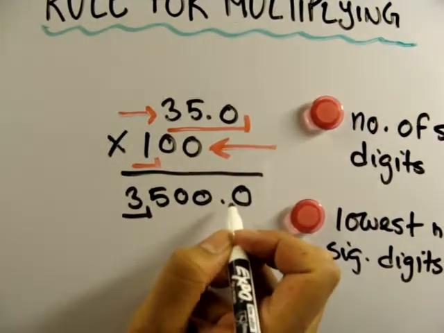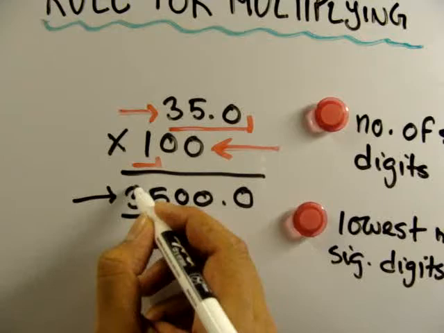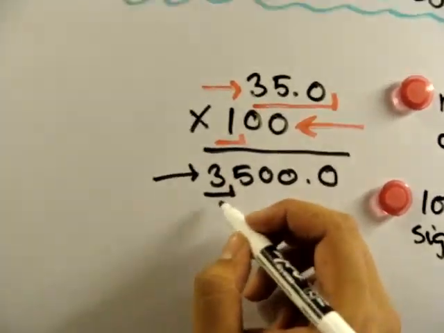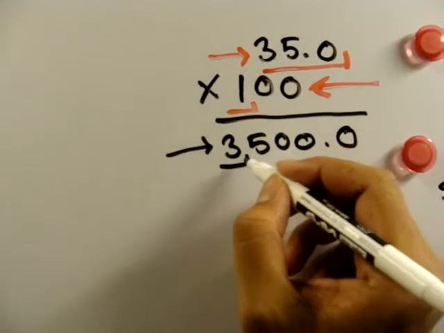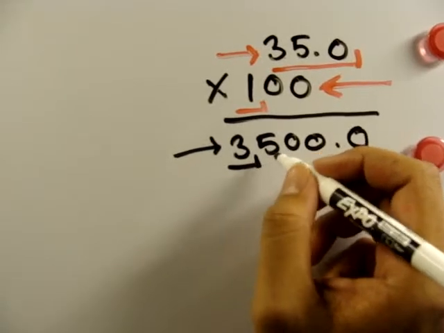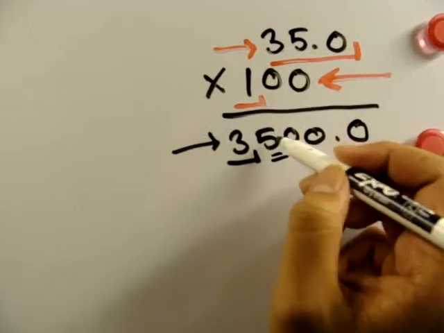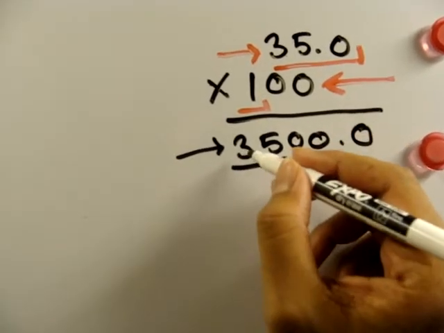And since there's a decimal point here, we move from this way. So this is our lowest significant digit choice. Now do we write down 3 or do we write down 4? That depends on the number after the last significant digit. This number here is 5. If this number was below 5, 3 would stay 3.